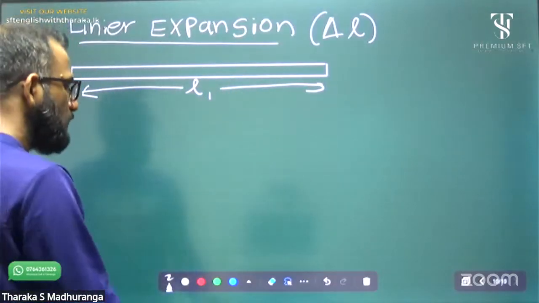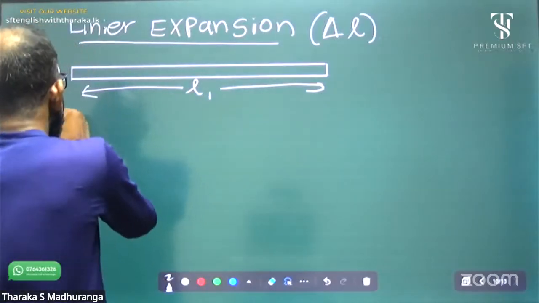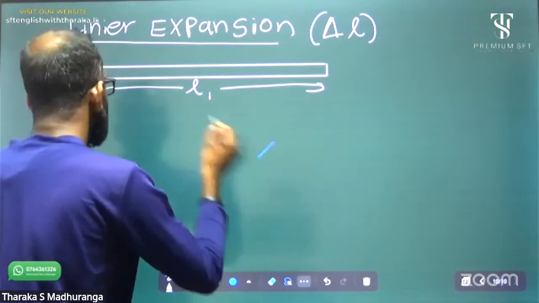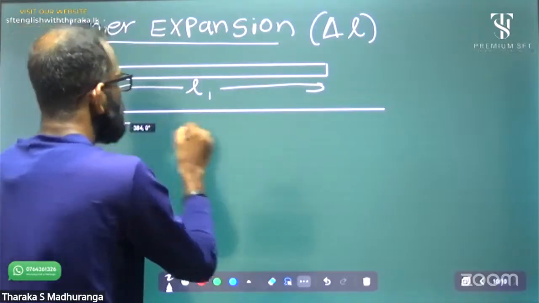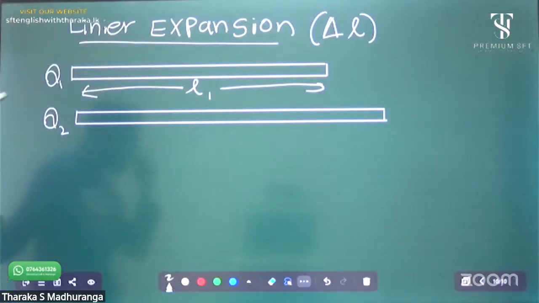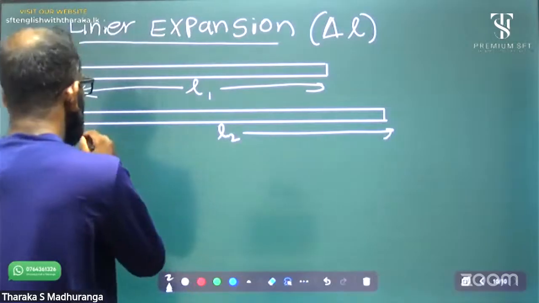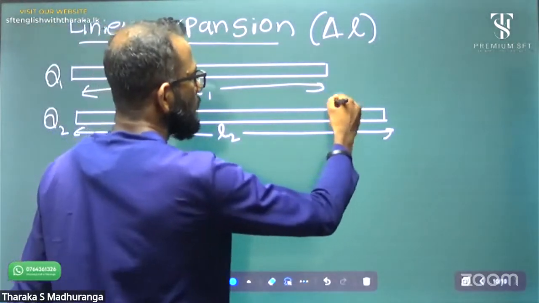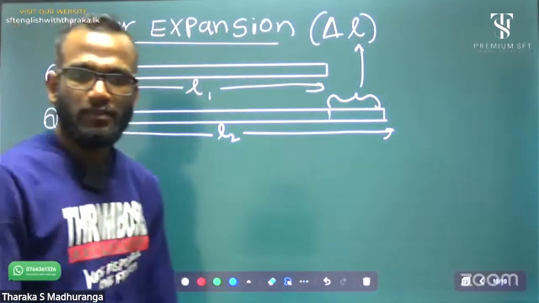Initial length at theta 1 temperature. If it is heated up to theta 2 Celsius, theta 2 means the final temperature, it converts to L2 length, the final length, increasing in length. That's the meaning of linear expansion. This increased length we call delta L.